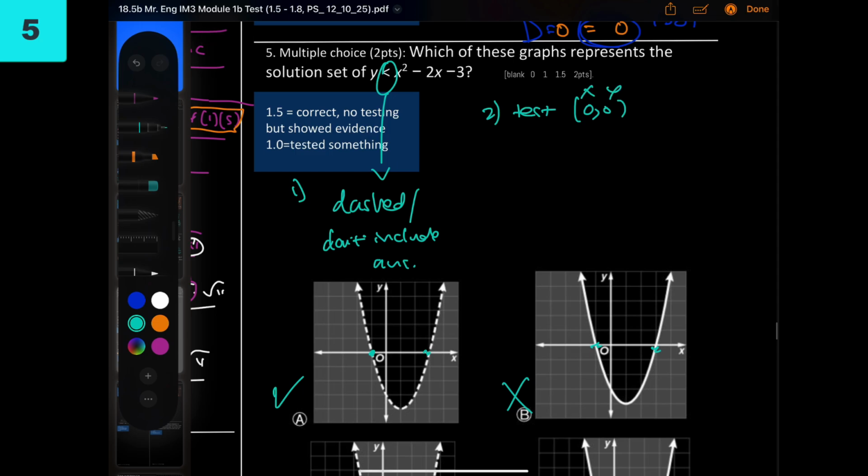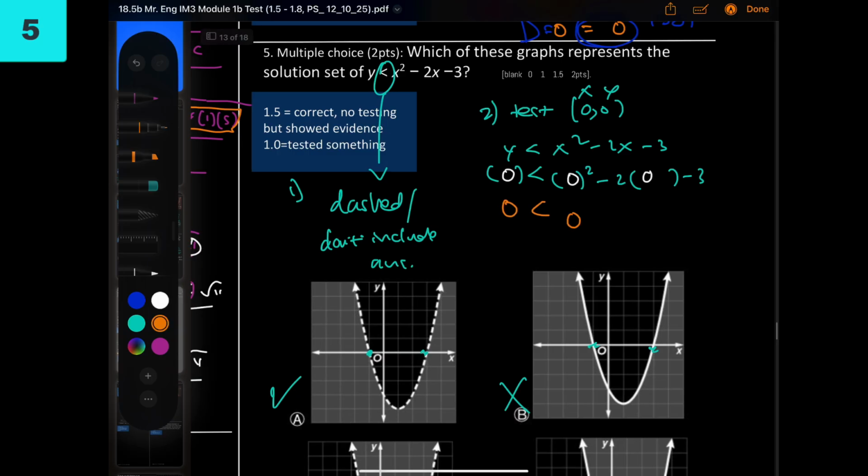So I'm going to put that into, let's write this out so you know what I'm doing. I know a lot of students got tricked and just rewrote it without the flipped inequality sign. You don't need to flip anything. So y is 0 and x is 0. So that becomes 0 is less than 0 minus 0 minus 3. So is 0 smaller than -3?